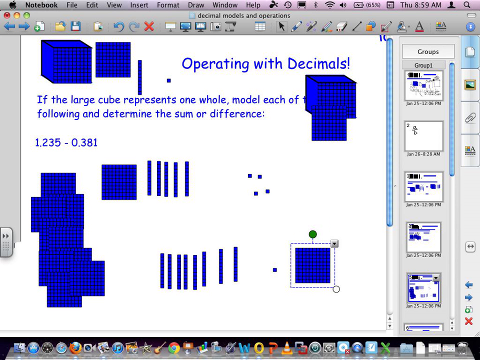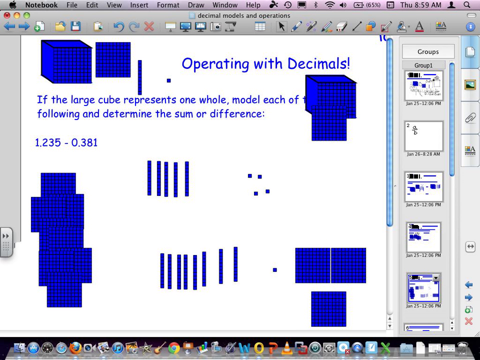Okay, so I'm going to put these 3 over here. How many am I left with? 8. So I'm left with 0.854. Good. Okay.